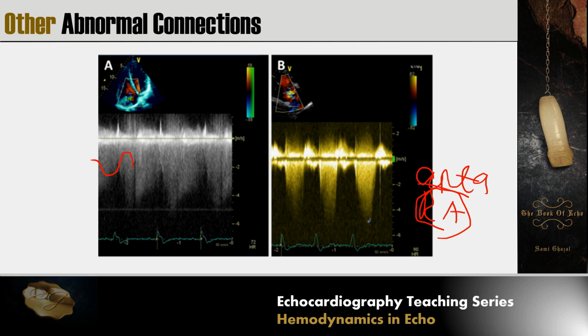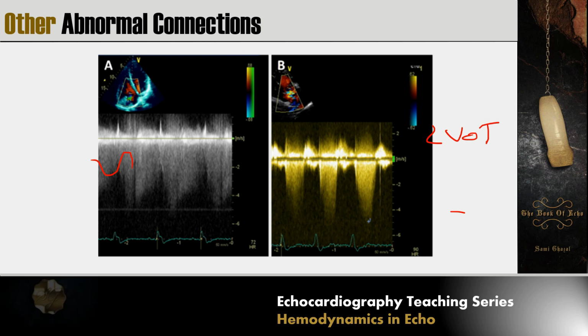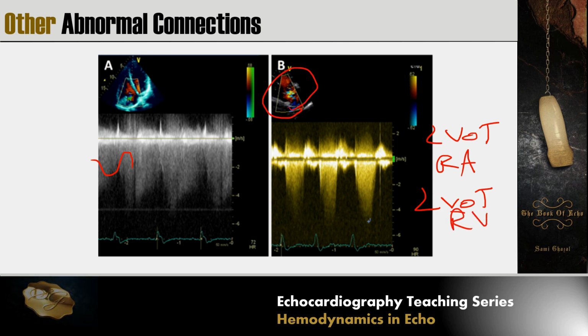Another example I will show you here. Let's say we have this color flow Doppler. We don't know where this shunt exactly is. Is it between the LVOT and RA, or between the LVOT and RV? We have this color coming here. This is around 100 millimeters of mercury pressure gradient. Let's say the patient's blood pressure is 110.